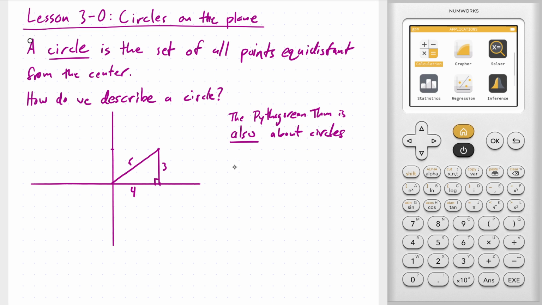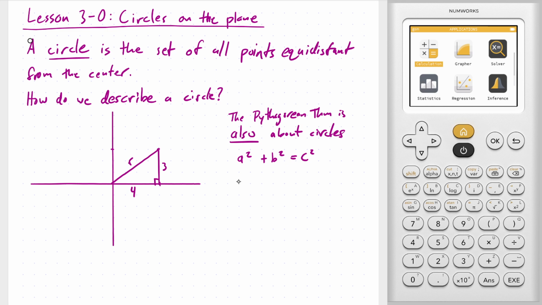The Pythagorean theorem is usually stated as a squared plus b squared equals c squared, where a and b are the legs of a right triangle, and c is the hypotenuse. In this case, for this triangle, 4 and 3 are the legs, and r is the hypotenuse.